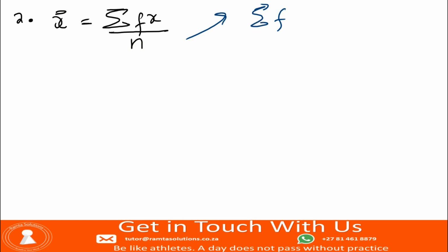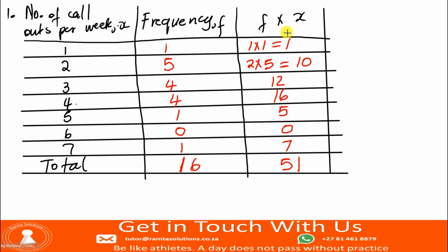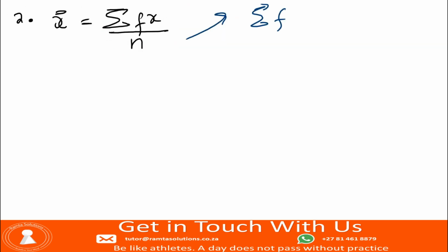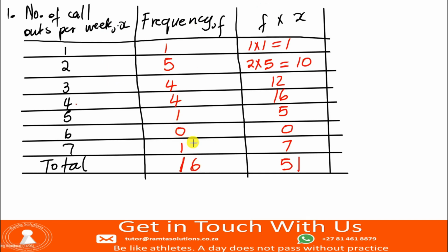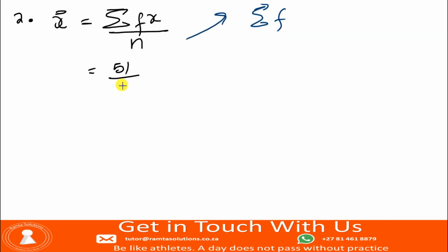Now let's go back to our table. This here, as you can see, is the total of f times x. What is it? It is 51. And what is our n? Remember I said it's the sum of the frequencies, which is 16. Remember, this data was taken for 16 weeks.